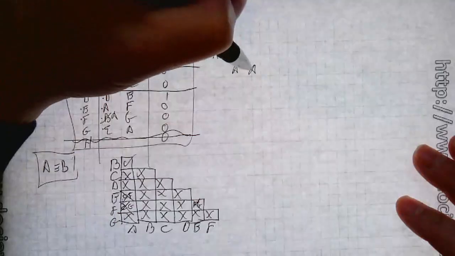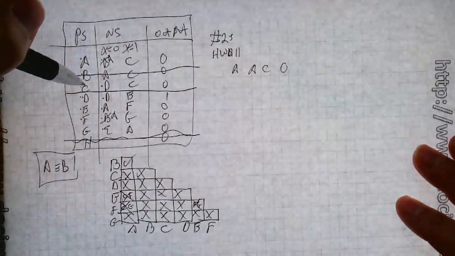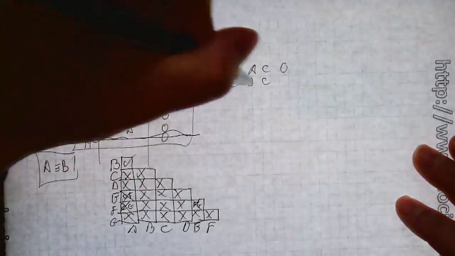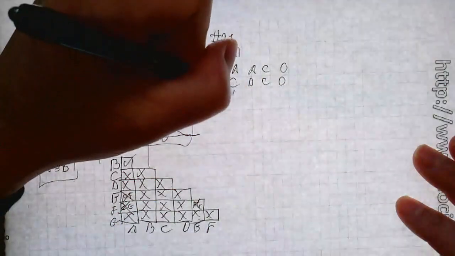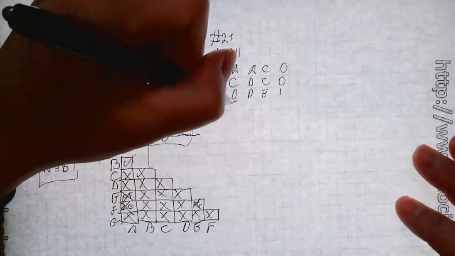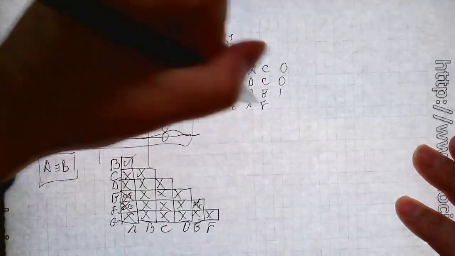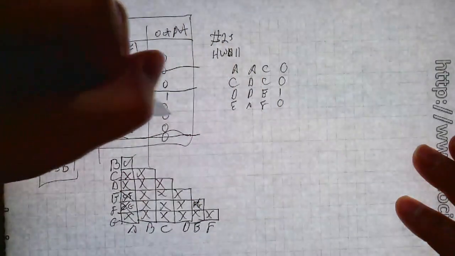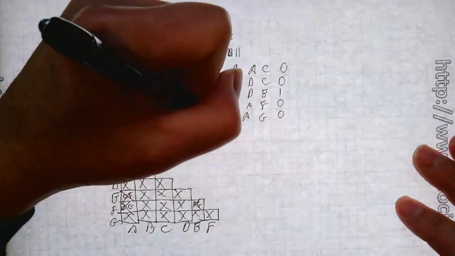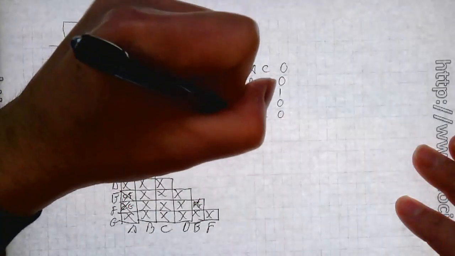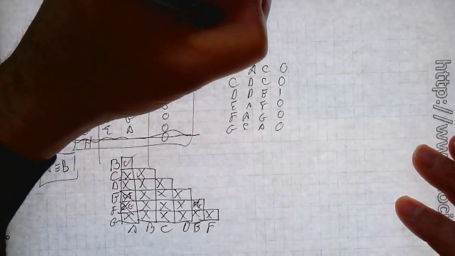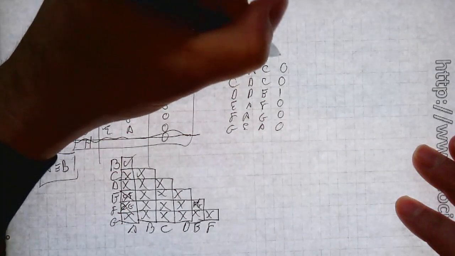So it's A, C, 0, C, D, C, 0, D, E, 1, E, A, F, 0, F, A, G, 0, G, E, A, 0. So that's the present state. That's the next state for x equals 0 and x equals 1, and here's the output.